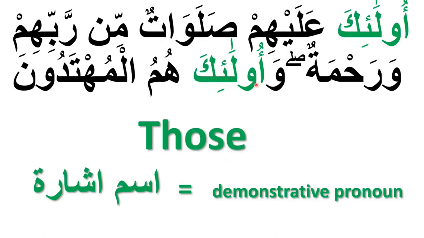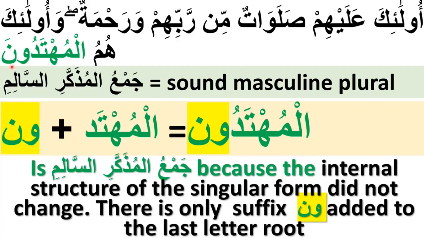أولئك means those, and it is an ism إشارة, demonstrative pronoun. المهتدون is a جمع المذكر السالم, sound masculine plural. المهتد plus ون gives you المهتدون. المهتدون is a جمع المذكر السالم because the internal structure of the singular form المهتد did not change.